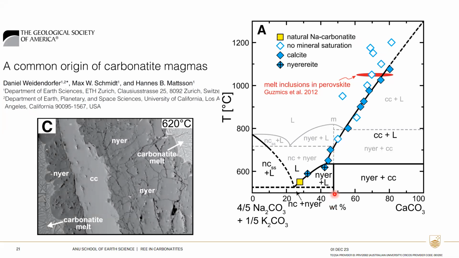Even if you have less than 58% of calcium carbonate in the melt, you're still making calcite, which I think is pretty amazing. At some point, you stop making calcite and you start making sodium and potassium carbonates at a very low temperature, below 600 here. And it's also kind of similar to the composition of the natural one.